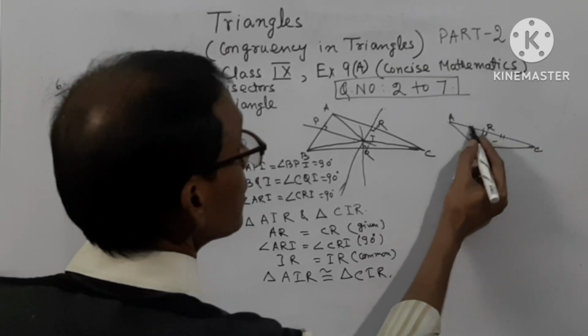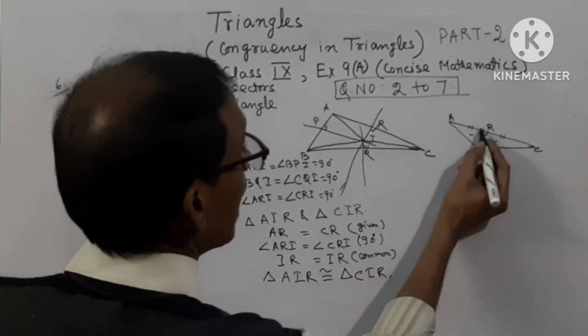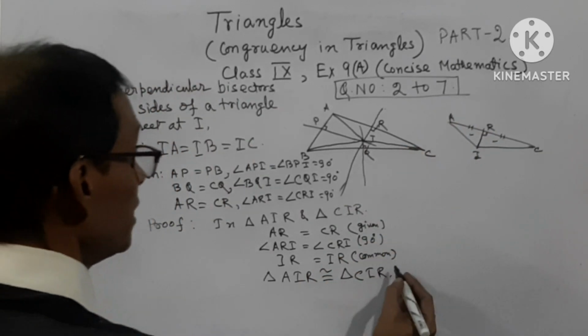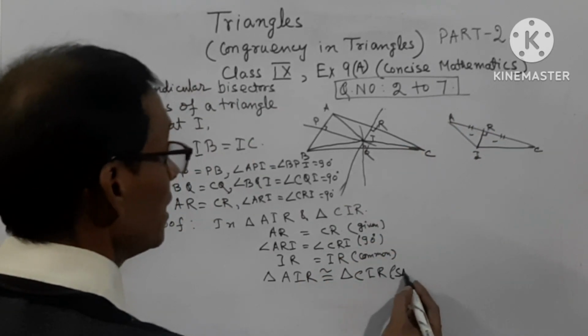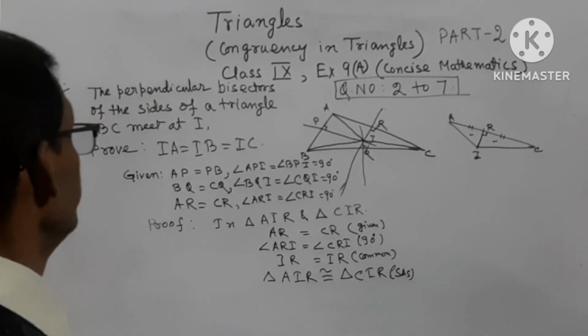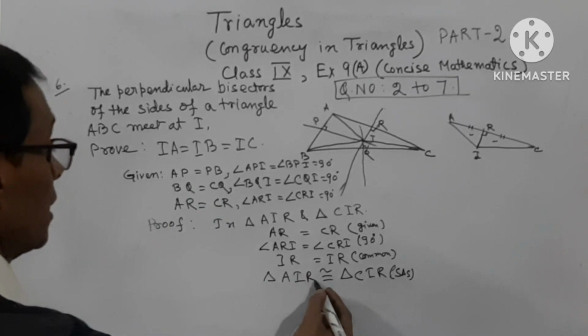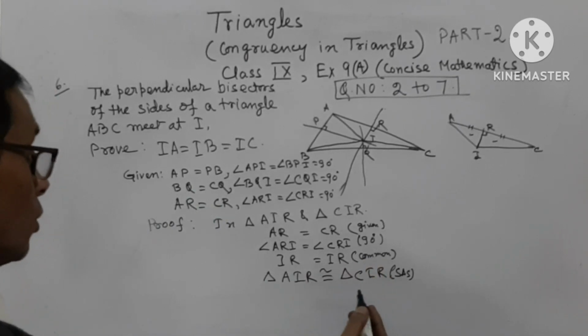Two sides, this side and this side, and the angle in between. So side, angle, side. So triangle AIR and triangle CIR are congruent.